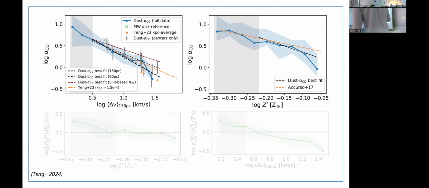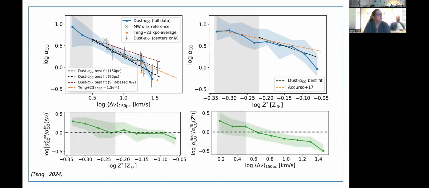So here you can see alpha CO does decrease with metallicity, and the trend is actually pretty consistent with recent metallicity-based alpha CO prescriptions. But first of all, we can see that the scatter is much larger than the velocity dispersion trend. But more importantly, we want to know whether this variation with metallicity can explain the residual we are observing in our velocity dispersion prescription.